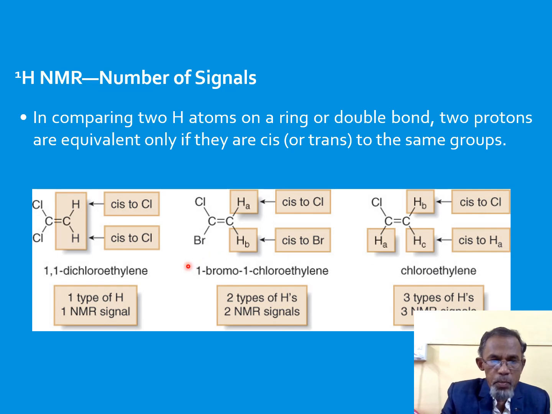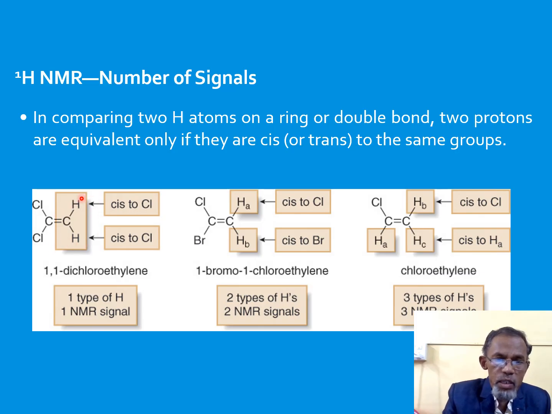That is, like 1,1-dichloroethylene. The structure is represented here, and though there are two protons present here, the environment of these two protons is similar. Why? Because this proton is cis to the chlorine, and this proton is also cis to the chlorine.